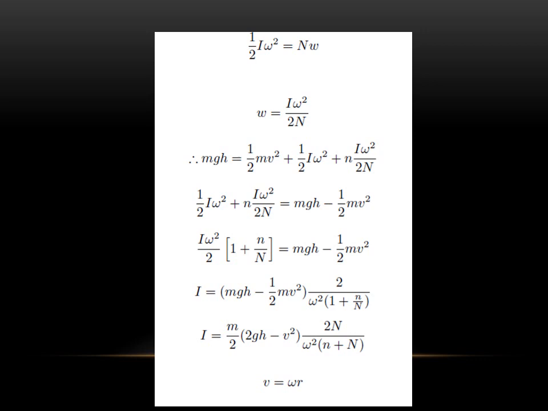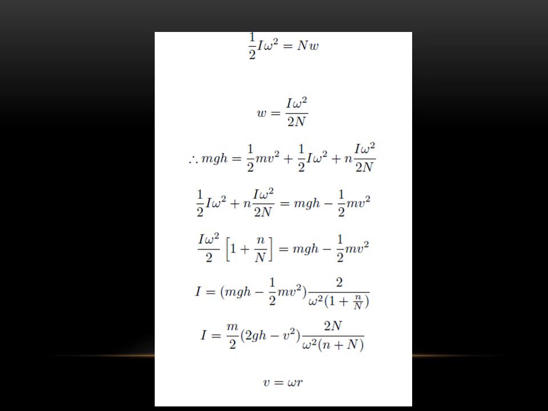So mgh minus half mv square equals half I omega square taken out, which becomes 1 plus small n divided by capital N. So I is mgh minus half mv square into 2 divided by omega square into 1 plus n by N. On rearrangement, taking m by 2 outside, the first term becomes 2gh minus v square, into 2N divided by omega square into N plus n.